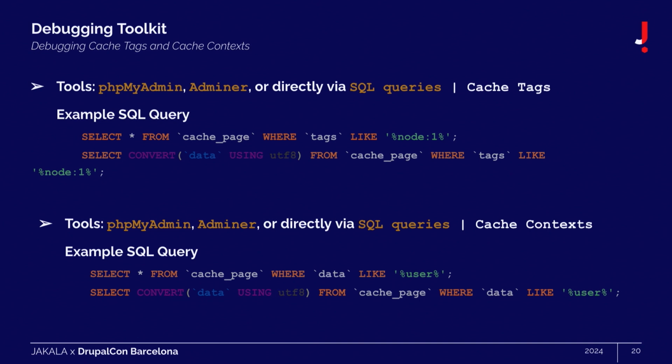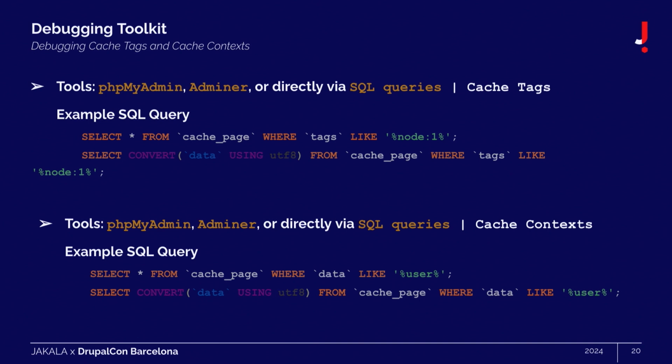Even though if sometimes you would like to see what is being cached, we can use the second one. We can convert data using UTF-8, and that will show the blob format in plain text, and then we can see what's being cached there.